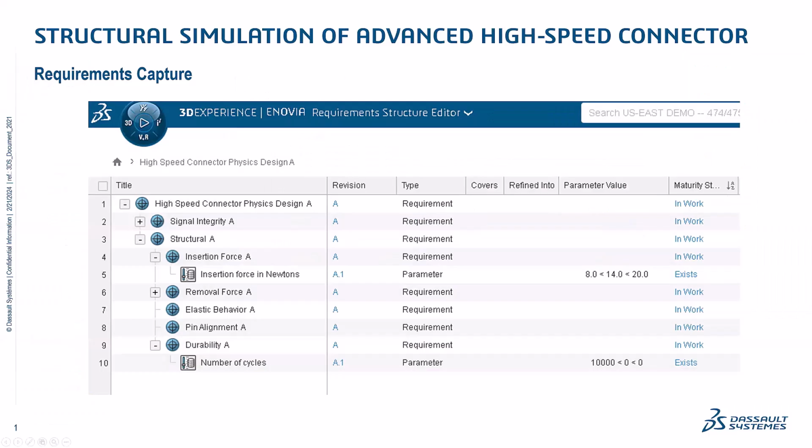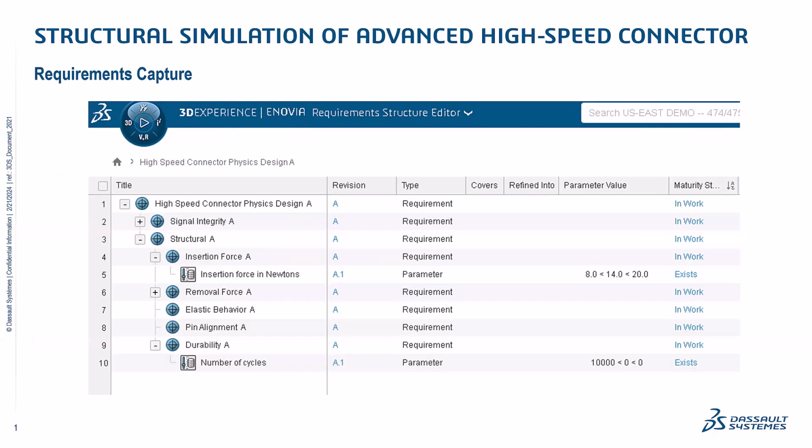All right. As David was saying, and similar to the electromagnetic requirements, structural requirements can be added and checked during the design and simulation phases. We've got the same app open here.